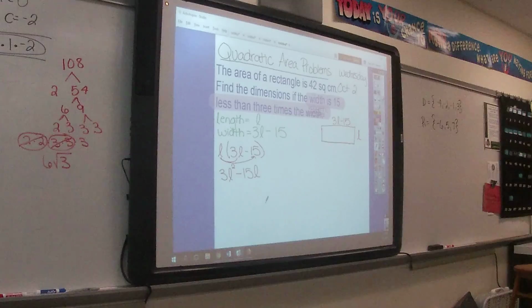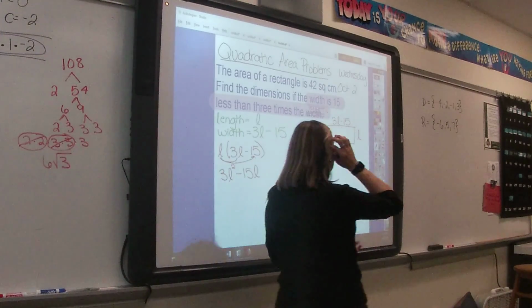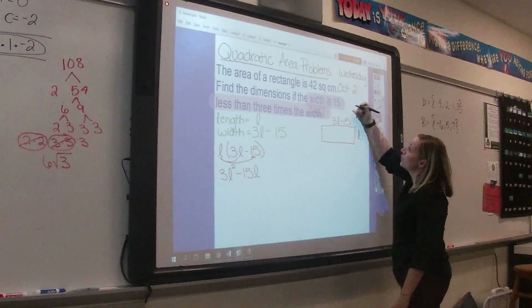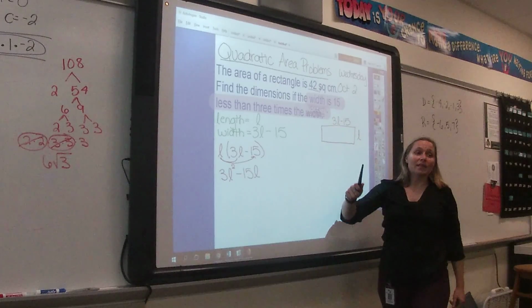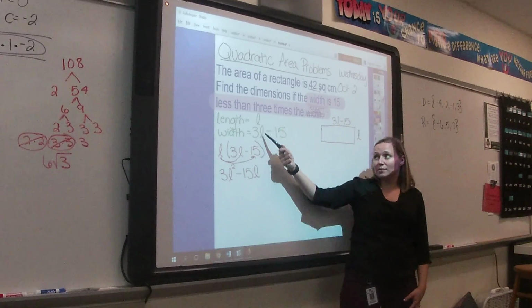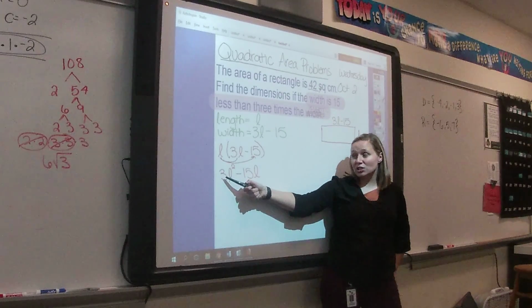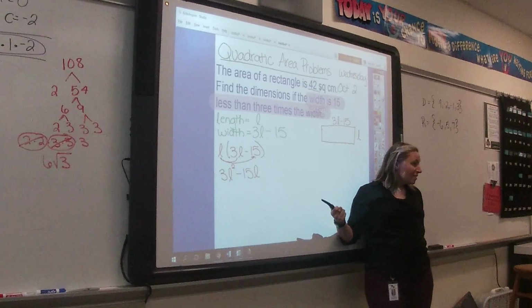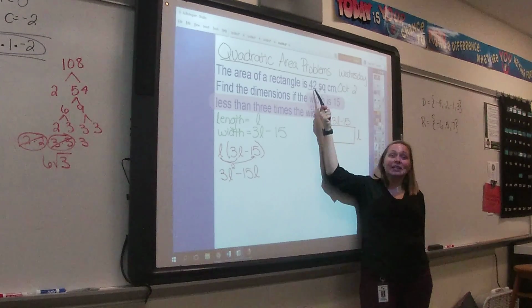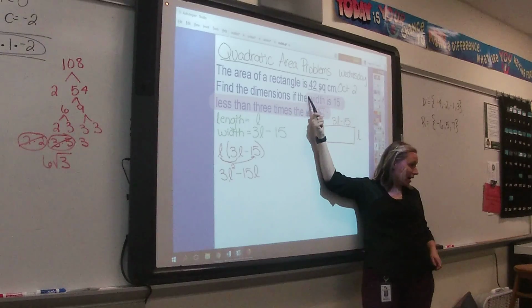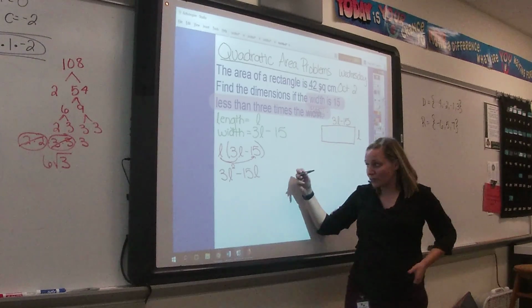Now, what does this problem tell us that the area equals? 42. So the area according to the variables we got is 3L squared minus 15L, but that needs to be equivalent to what it's telling us the area is, which is 42.